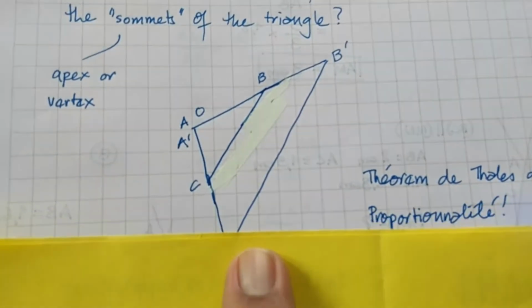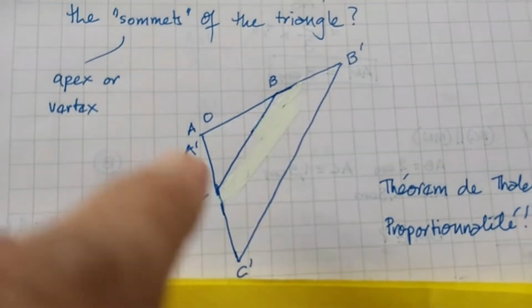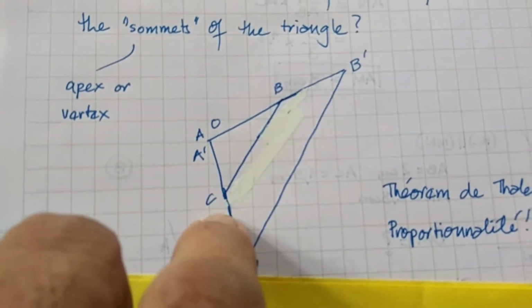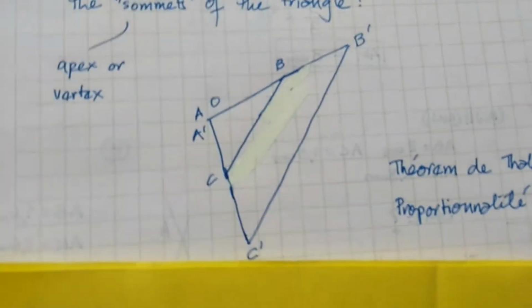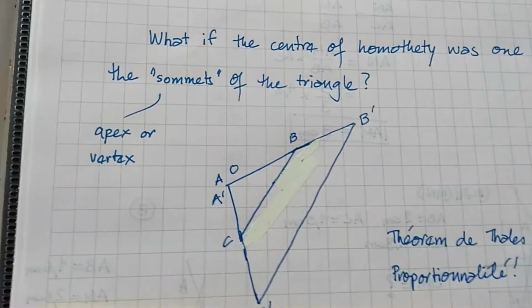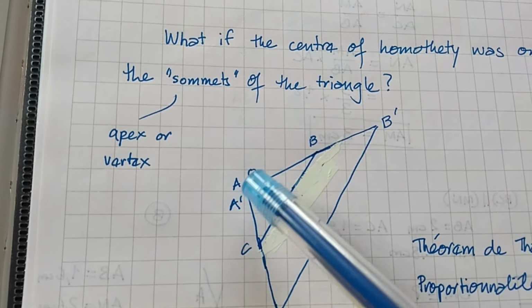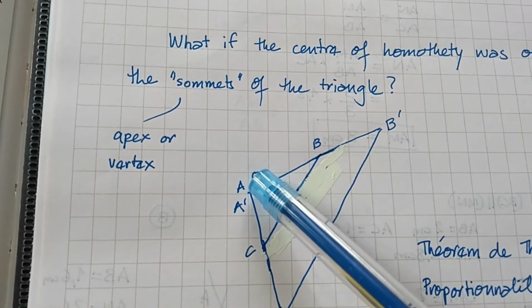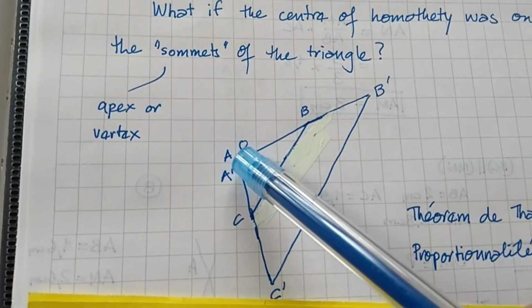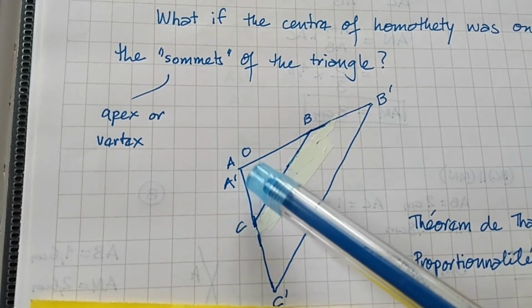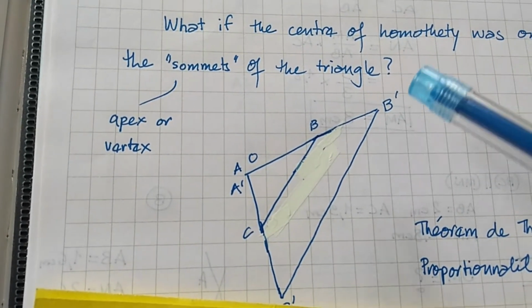Okay. So now let's take this. We have a triangle ABC, and we make point A our point O, and we take an agrandissement from this point, and we get A prime, B prime, C prime.